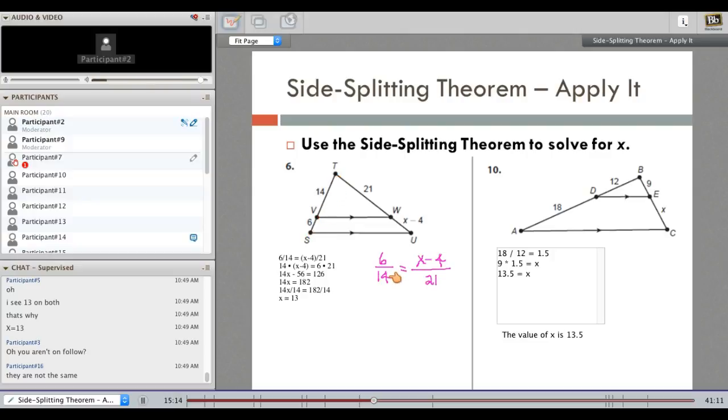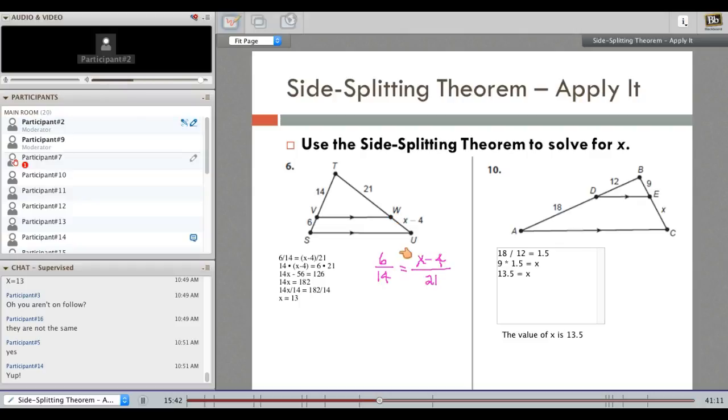And that's where the 6 and the 14 are coming from. Delia and Keely, is this making sense to you too? Okay. And then WU, which is the smaller piece or the piece in between the 2 parallel lines, is going to go over the side that's in the smaller triangle of 21.